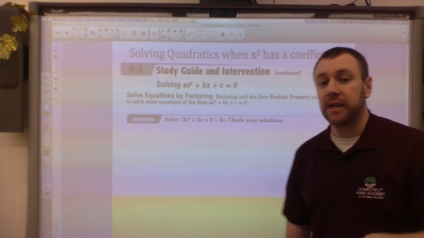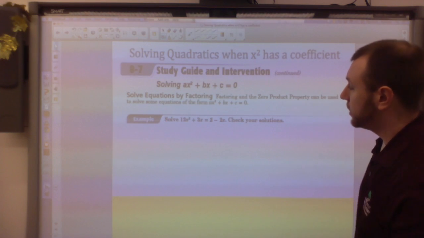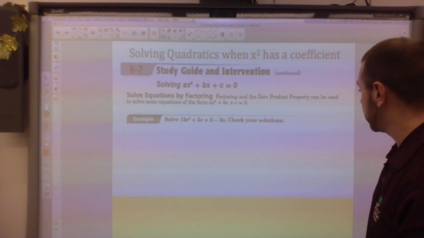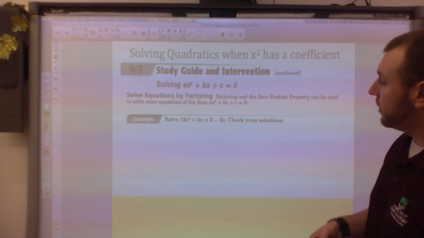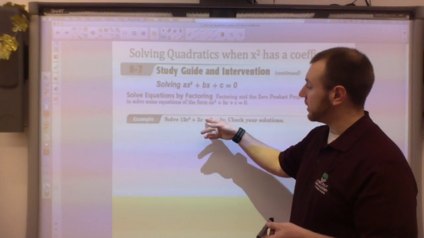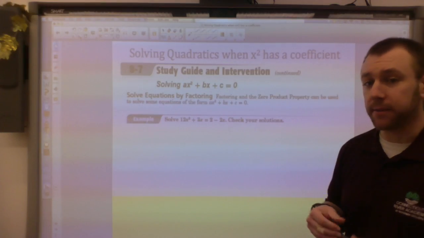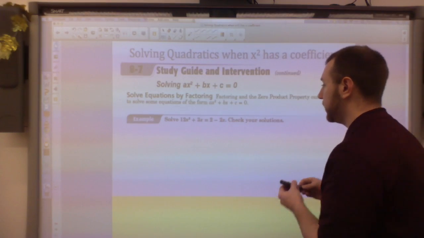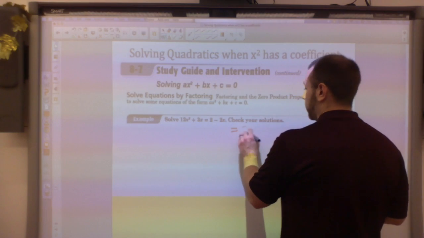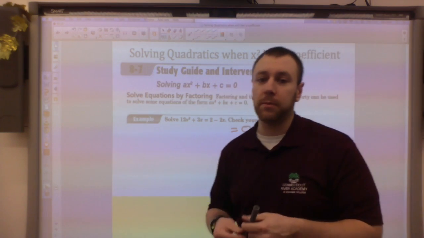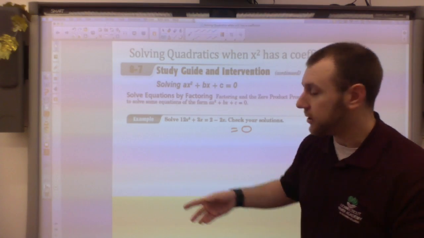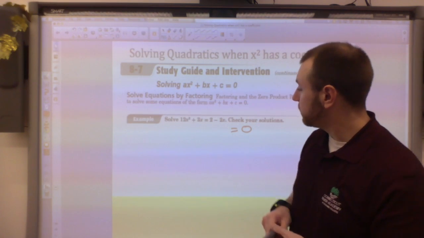So the next step is actually the solving piece. You'll notice that we have this equation here, and there's an equal sign. So the first thing I have to do in everything is to get this equal to 0. When I set this equal to 0, I generally want my x squared to be positive, which it is, 12x squared.